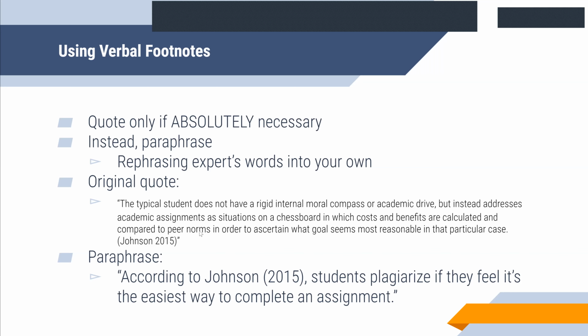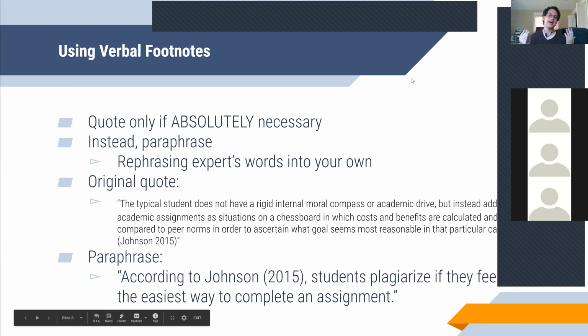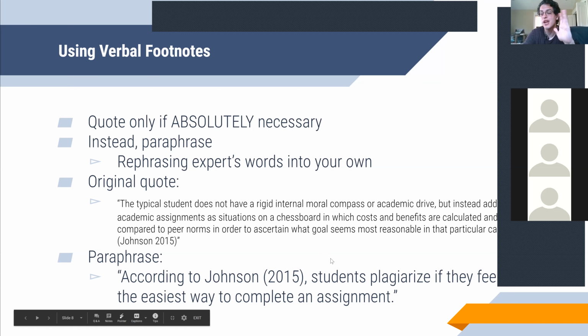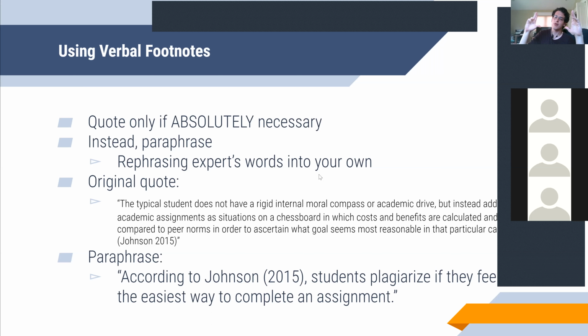Both are making the exact same point. The second one, however, sounds a lot more natural for me to say. It's a lot easier for the audience to follow along, and a lot easier to incorporate into the rest of my speech.